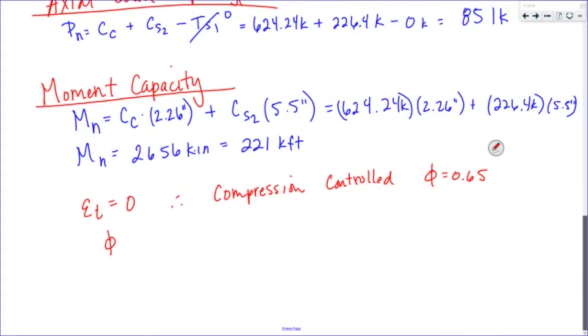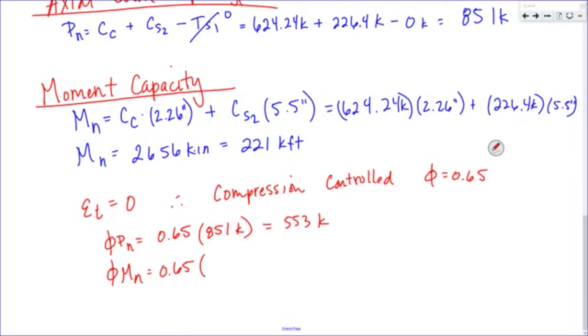So my phi Pn is 0.65 times 851 kips, which is 553 kips, and my phi Mn is 221 kip feet times 0.65, which is 144.